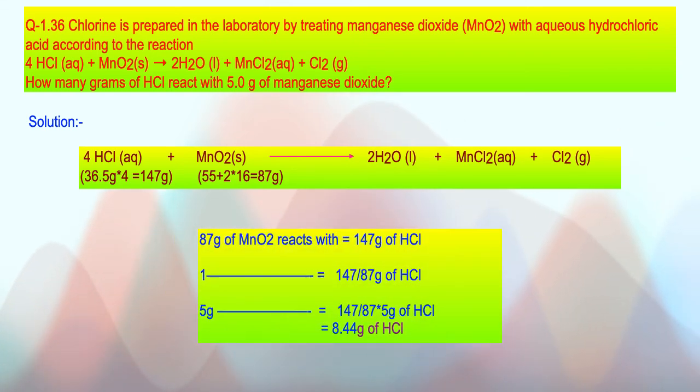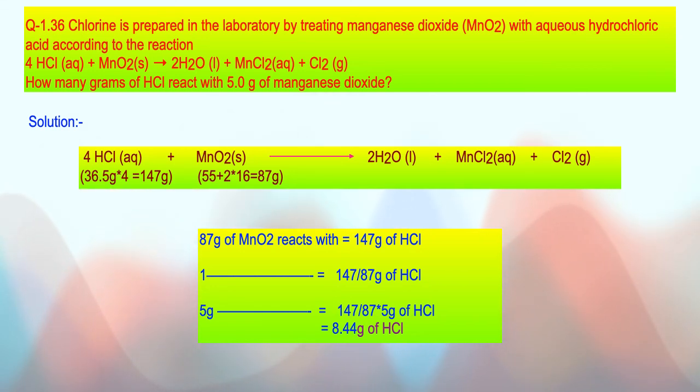Now we will solve this numerical. We have to calculate how many gram of HCl. We will take the value of HCl from standard to the right hand side, and the value of MnO2 toward the left side.